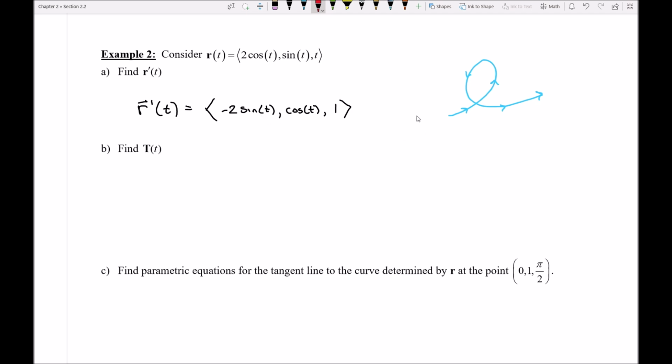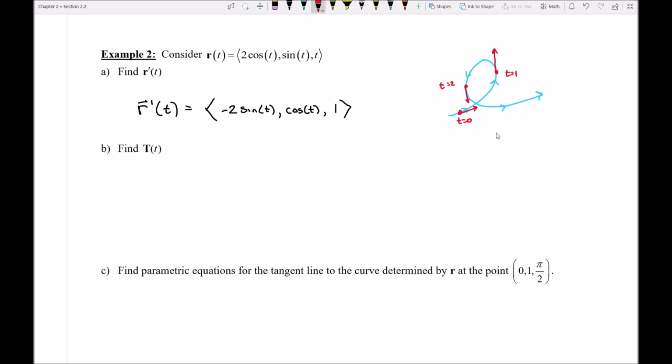So if you were to plug in, say, 0 for t, that would say, go to the spot where t is 0 and draw me the tangent vector right there. If you wanted to go to where t was equal to 1, you could draw the tangent vector right there. If you wanted t equal to 2, you could get a tangent vector right there. So again, we would have to plug in specific values of t to find these specific red vectors.